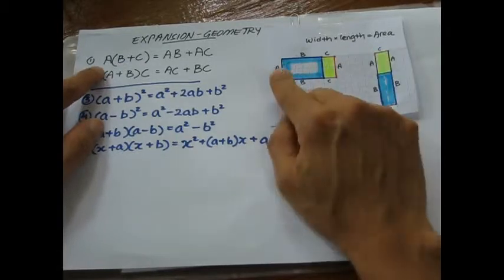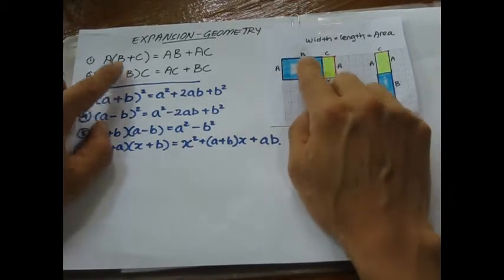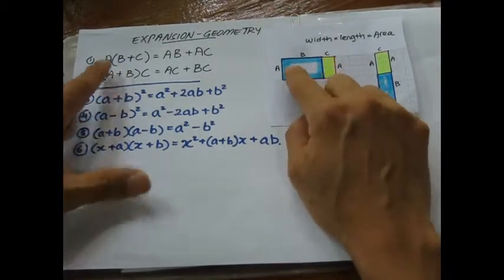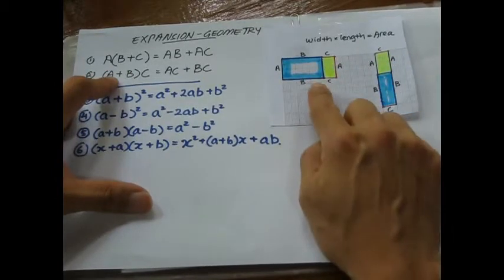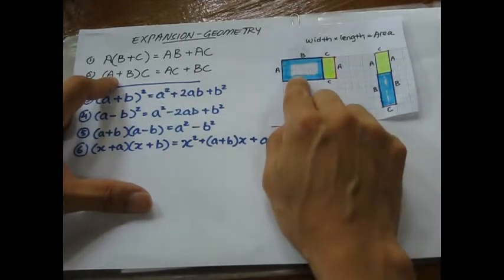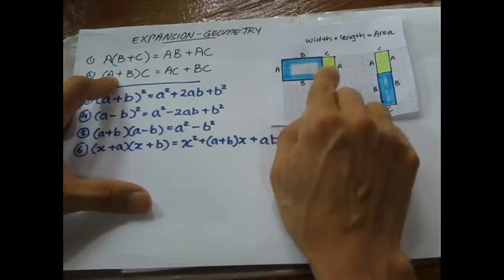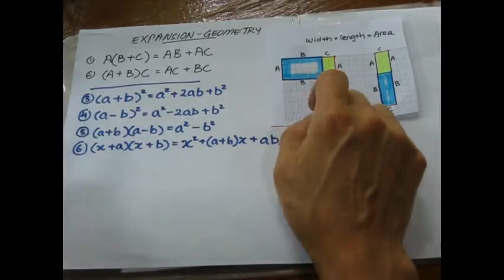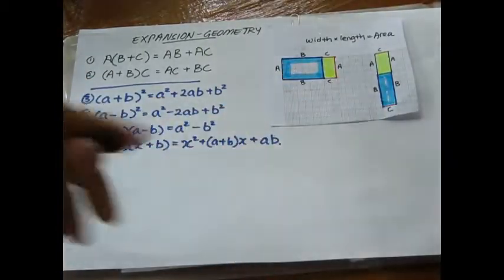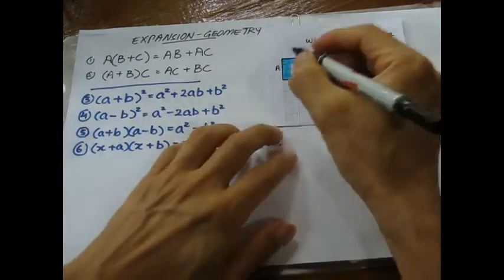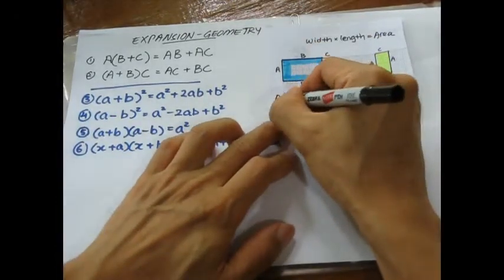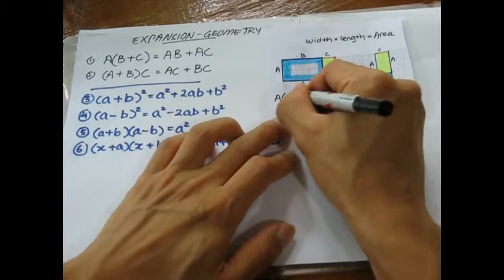So the width is A, and the length is B plus C. You can think of it as a vegetable plot, where B is where you plant broccoli and C is where you plant carrot. The total area, obviously, is A times B plus C.